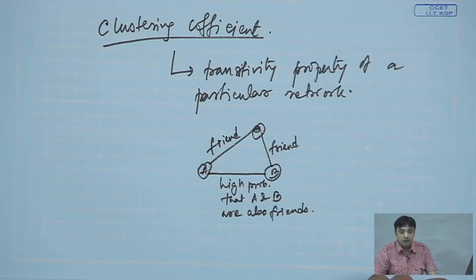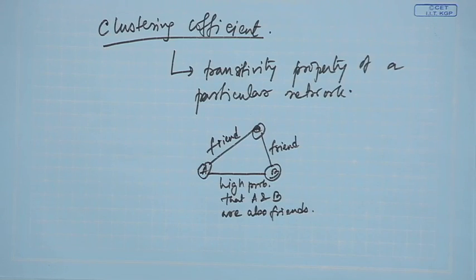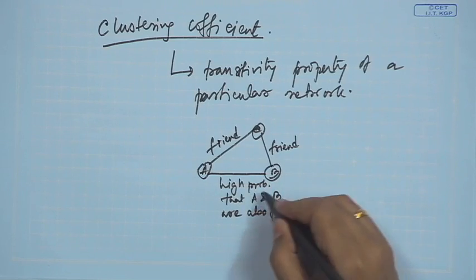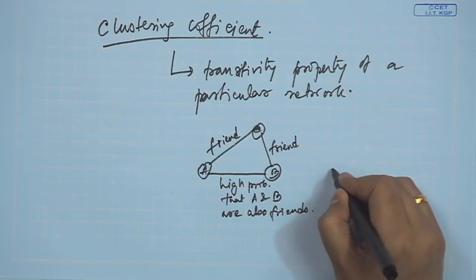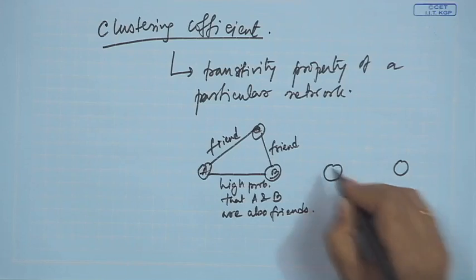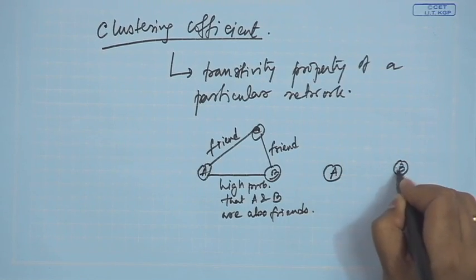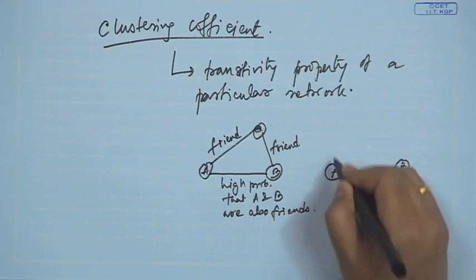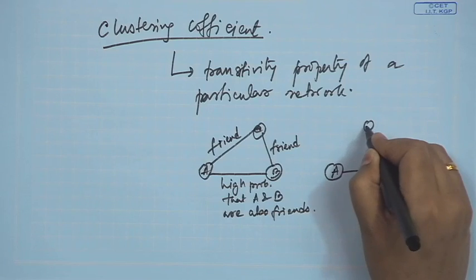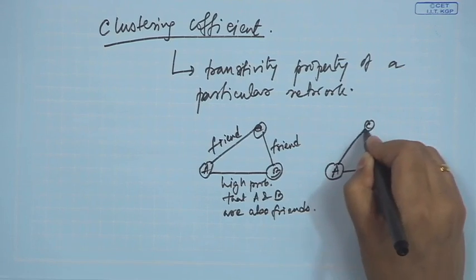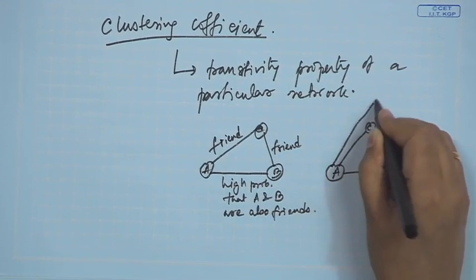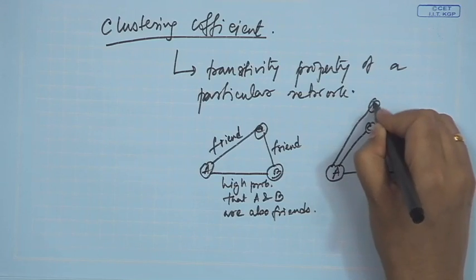Now, this property comes from the observation that this probability will be higher and higher if you encounter situations like the one that I am drawing. Suppose there are many such common friends.